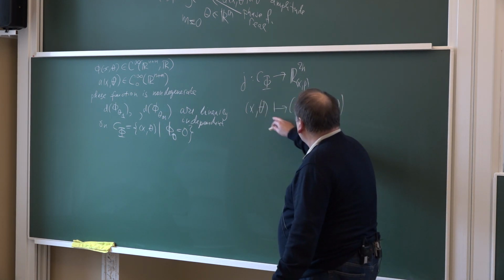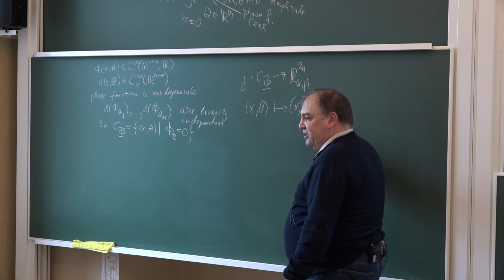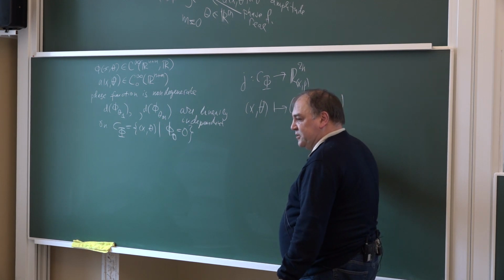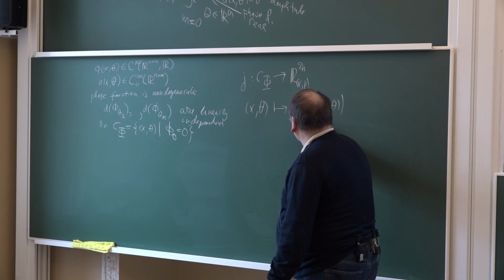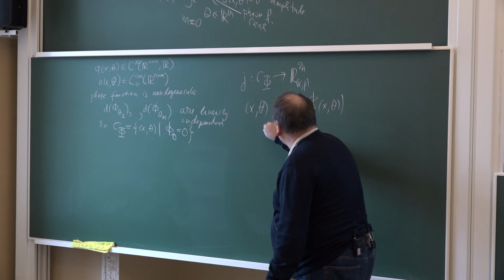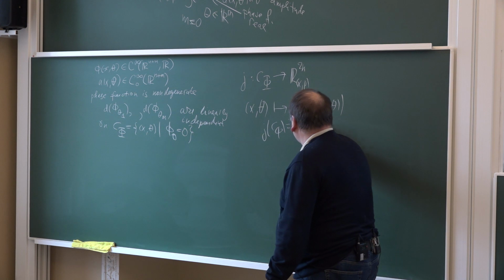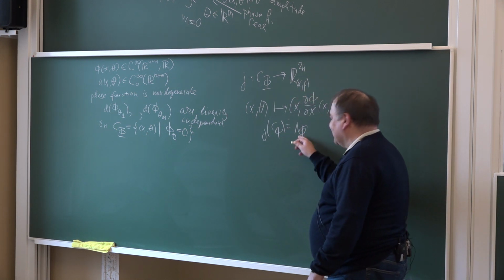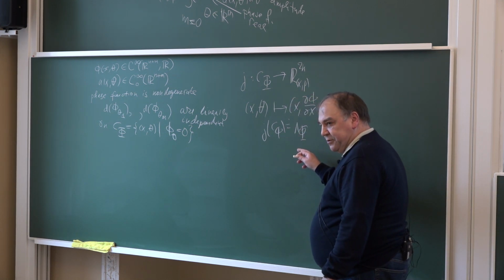And so it can be proved that the image of this mapping is a smooth manifold. Let me denote this J of C phi as lambda phi. And this is a Lagrangian manifold, necessarily.